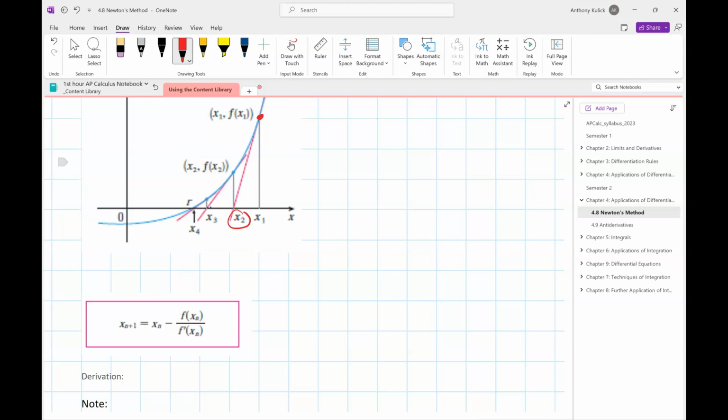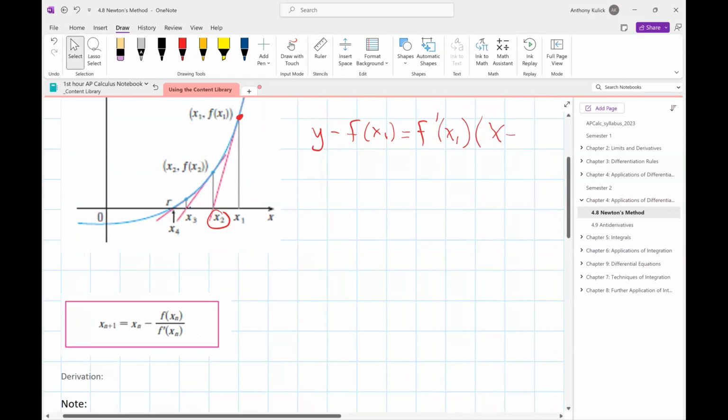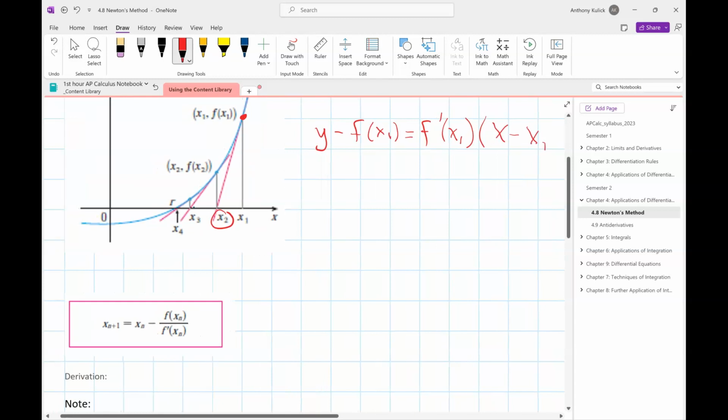To find that, we write our equation for the tangent line at x1. So y minus y1 equals the slope times x minus x1. That's just our equation for our tangent line.